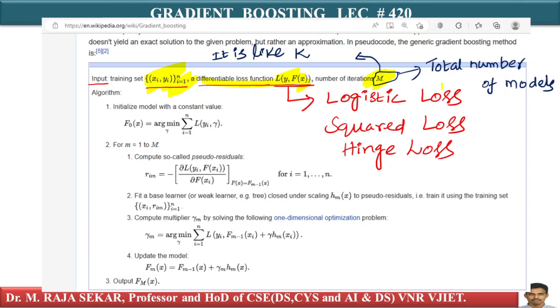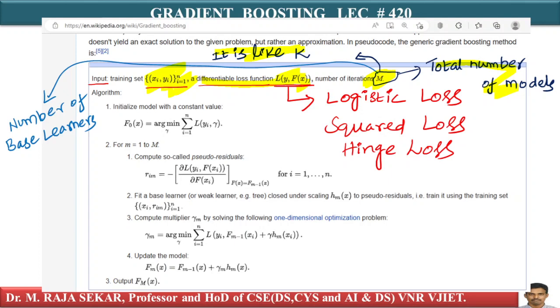This is like K in the base algorithm that we discussed. It is just like the total number of base learners.